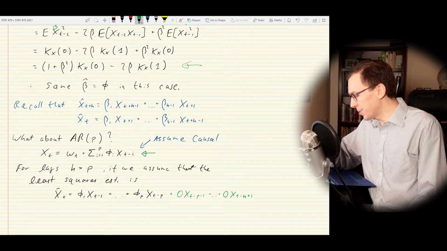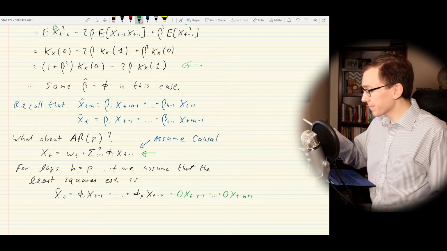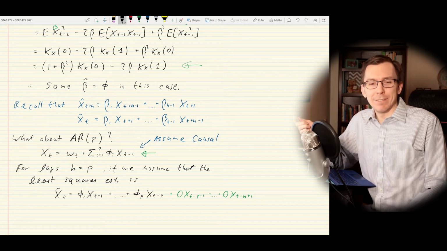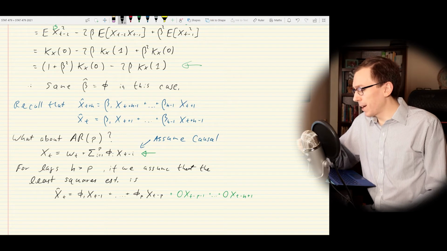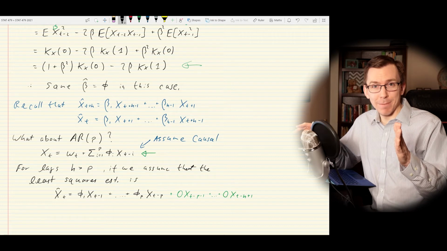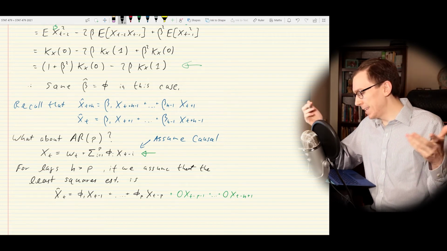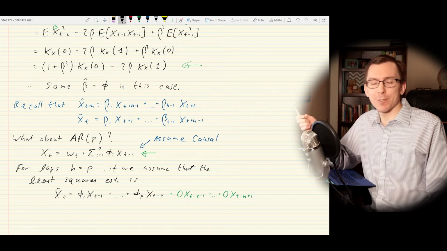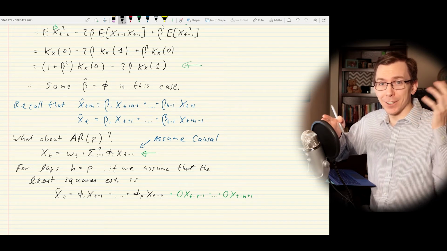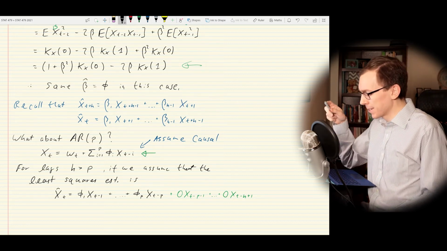These green terms that I drew down here at the bottom are multiplied by a coefficient of 0. This very much is like the idea of a Markov process. The Markov process would be the one above, the AR1, where if I know the previous time point, I don't need to know anything else to predict the current time point. This would be a more general pth order process where if I know the previous p terms, that's all I need to predict the current term, and anything further into the past is irrelevant.